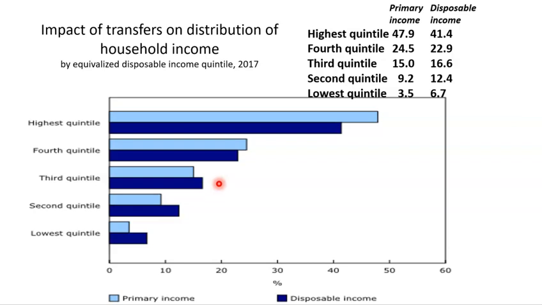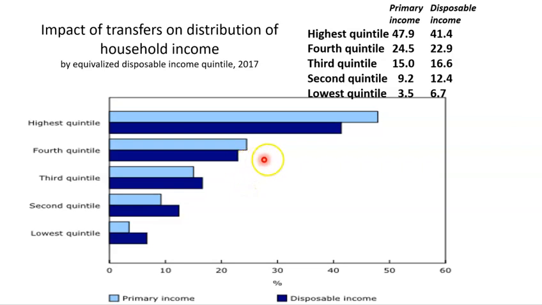So in other words, the bottom 60% of the population in terms of market income now have greater shares of total income than they did before taxes and transfers. So the tax and transfer system is acting to reduce income inequality.